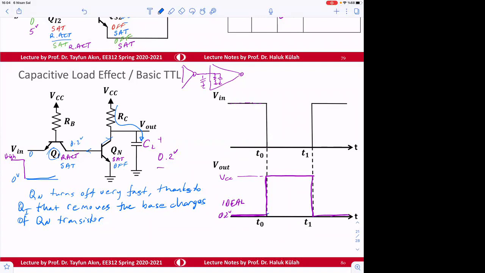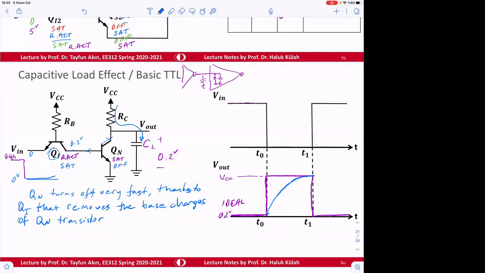What is the initial voltage? Initial voltage is 0.2. What happens? It just charges. What is the highest voltage it reaches? Output high voltage. Yes, 5 volt, or output high voltage.